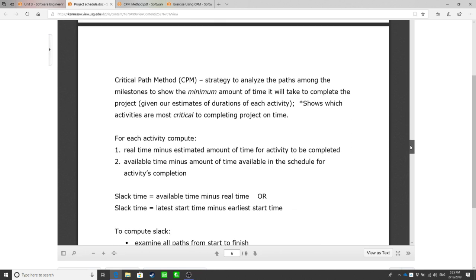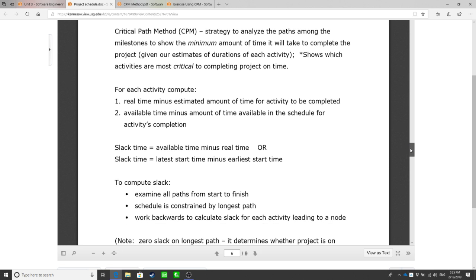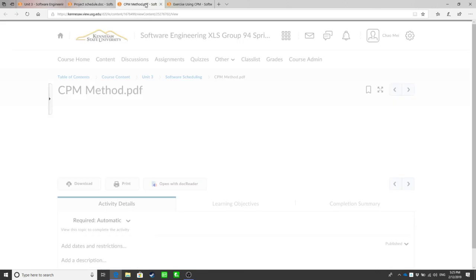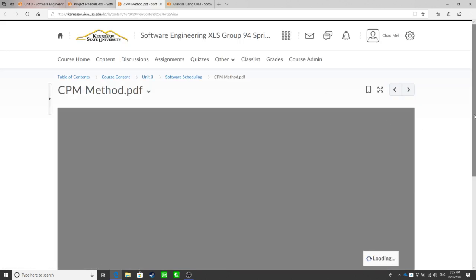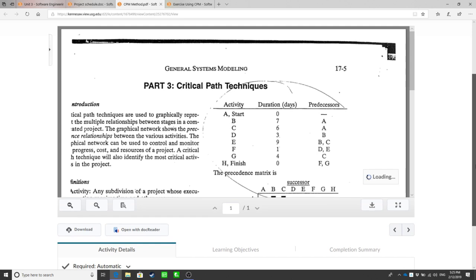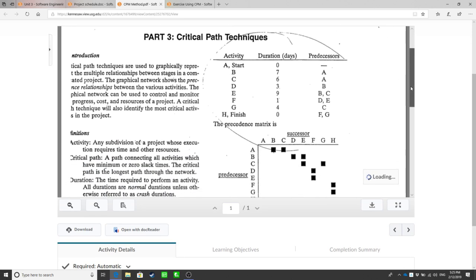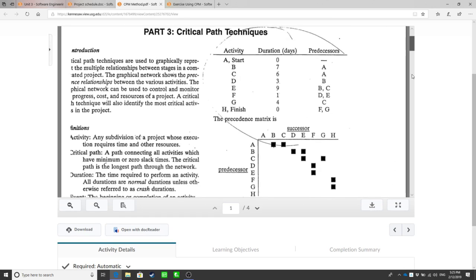Okay, then it's critical path. Critical path method. That's what we will do today from this material. So why do we need this critical path? First, like I mentioned, we need to schedule our activities for the project.